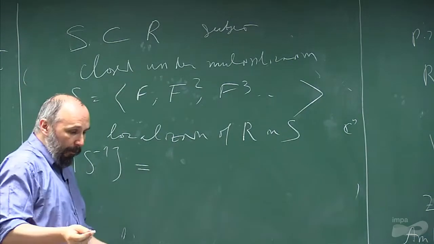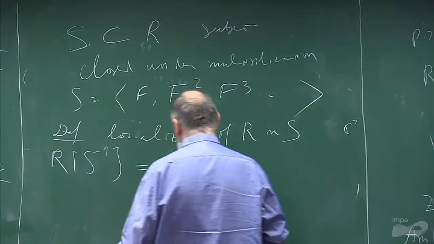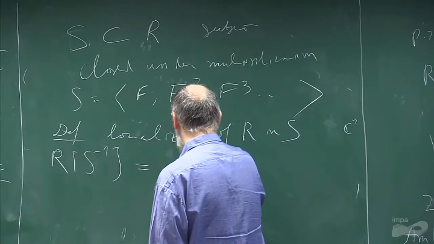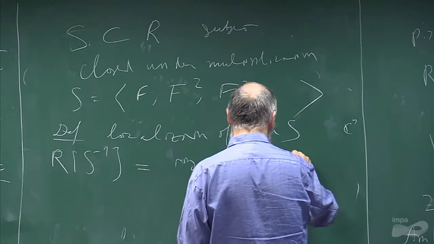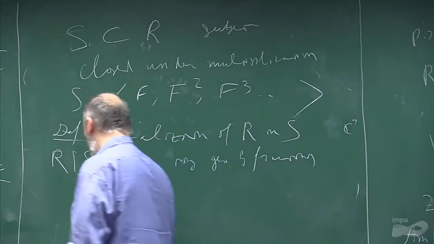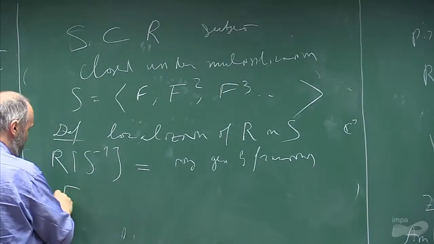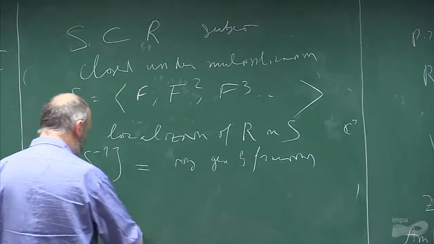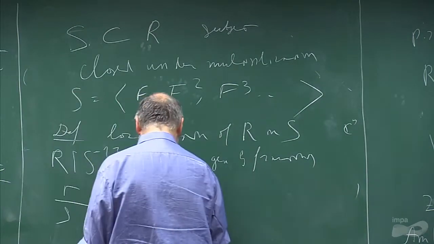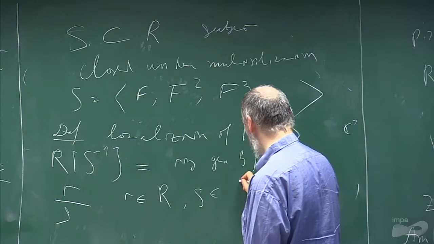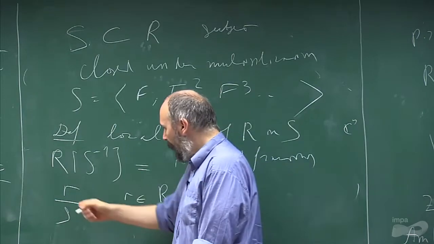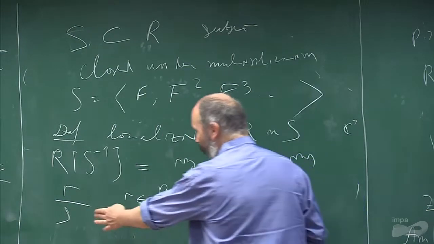So it's a ring formally generated by fractions, R divided by S, where R belongs to our ring and S belongs to this subset which we use for localization. For rationals, it's just all non-zero integers.